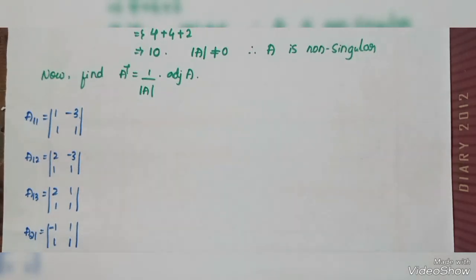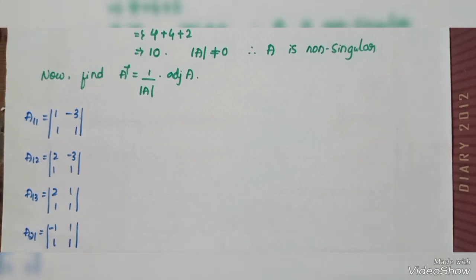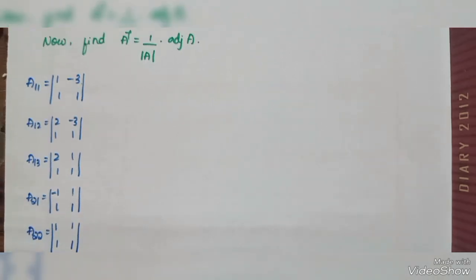A22, 1, 1, 1, 1. Then A23, directly 1 minus 1, 1, 1.